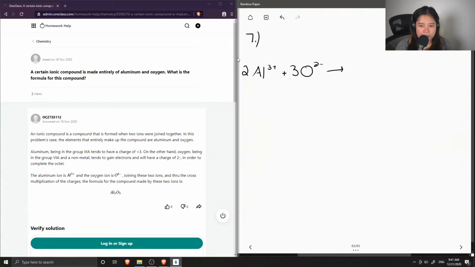So that should cancel out the charges of the ions. And then our final formula is Al2O3. So I'm just also going to name it aluminum oxide.